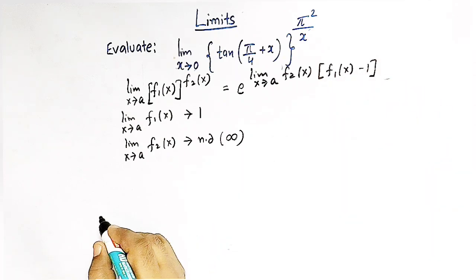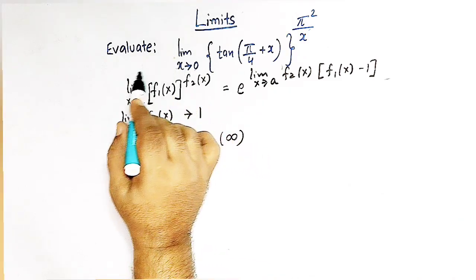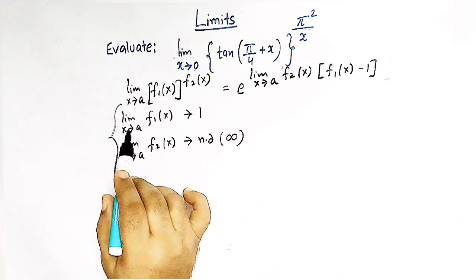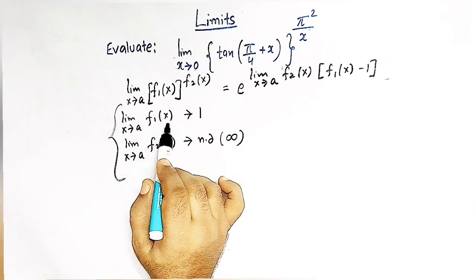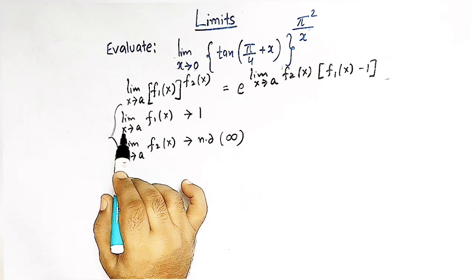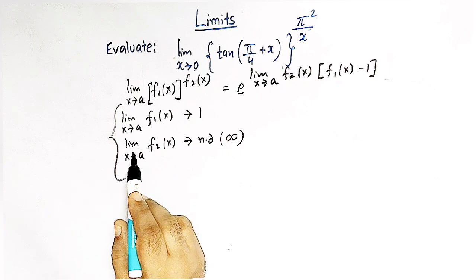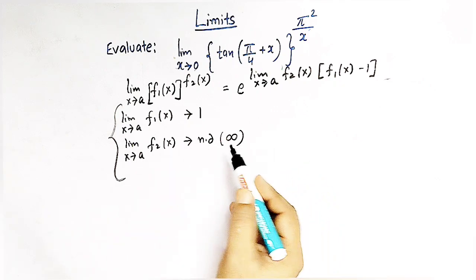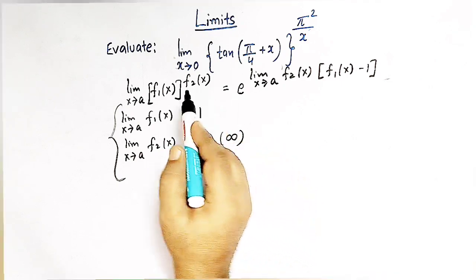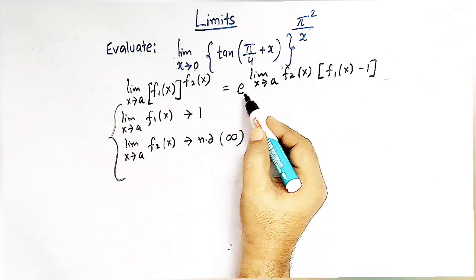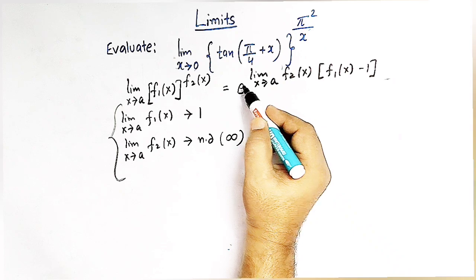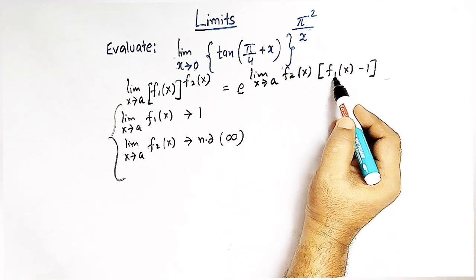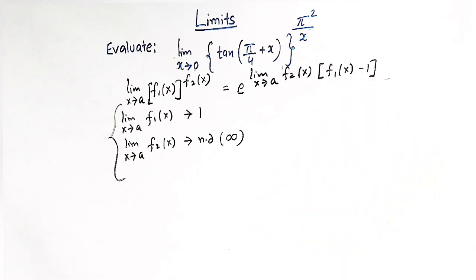So whenever we have a limit of this form, and we have these two conditions, limit x tends to a, f1x tends to 1, and limit x tends to a, f2x tends to not defined or infinity, then this limit is equal to e raised to, where e is the exponential number, limit x tends to a, f2x times f1x minus 1.